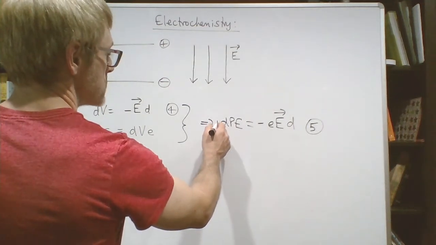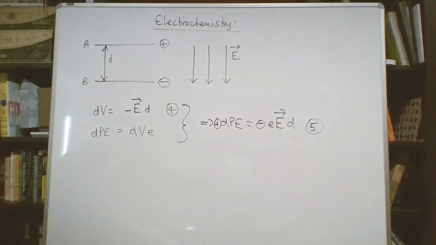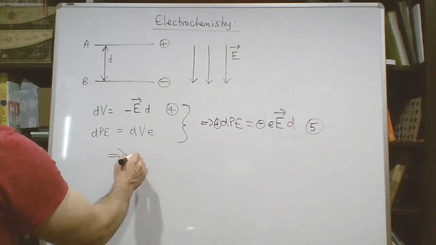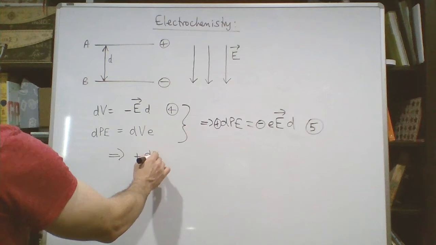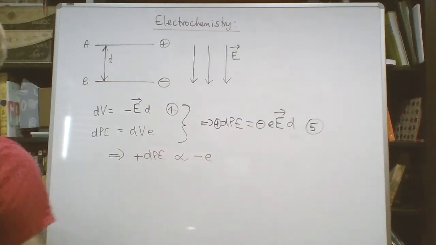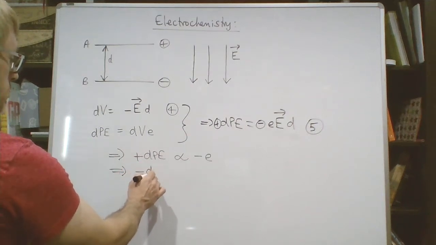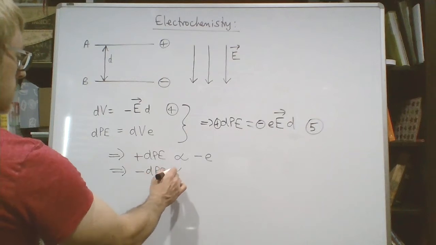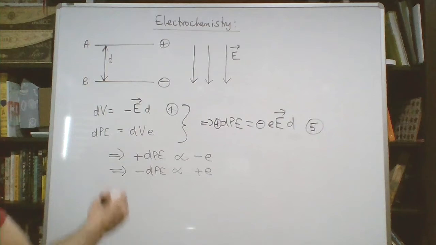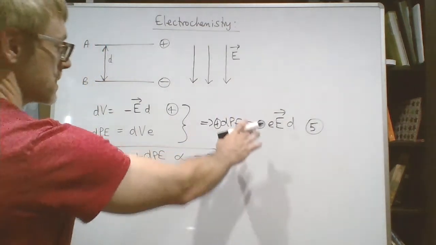Notice this is a positive change in potential energy, and this is a negative charge. So we've learned that a positive change in potential energy is proportional to a negative charge, and vice versa, that a negative change in potential energy is proportional to a positive charge. This is important, and it just comes out of processing these equations.